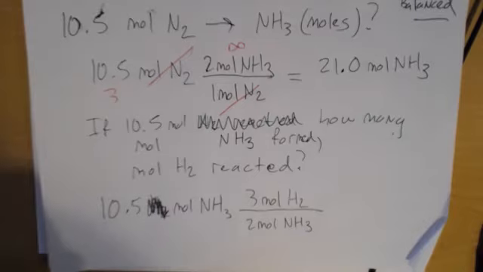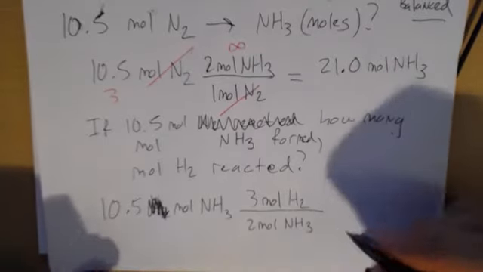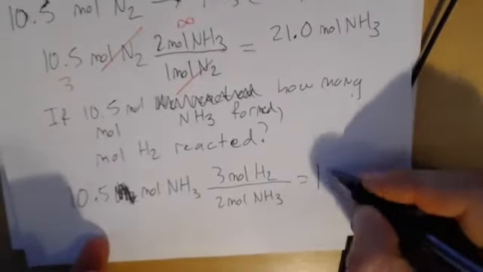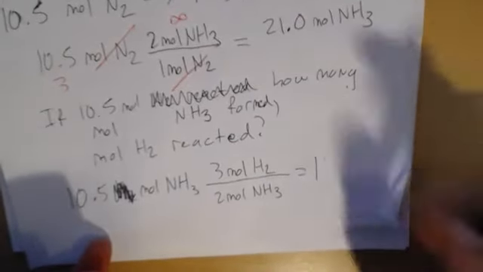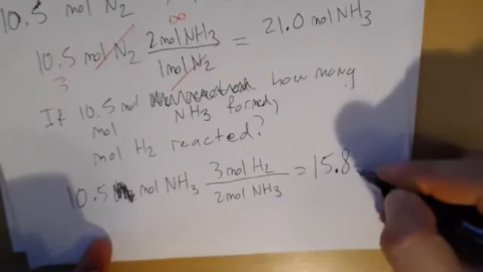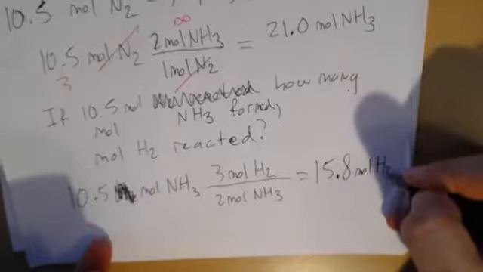This is about 1 and a half times, so 15-ish sounds like a reasonable answer. I get 15.75, but I'm going to round it to 3 sig figs, so 15.8 moles of hydrogen.